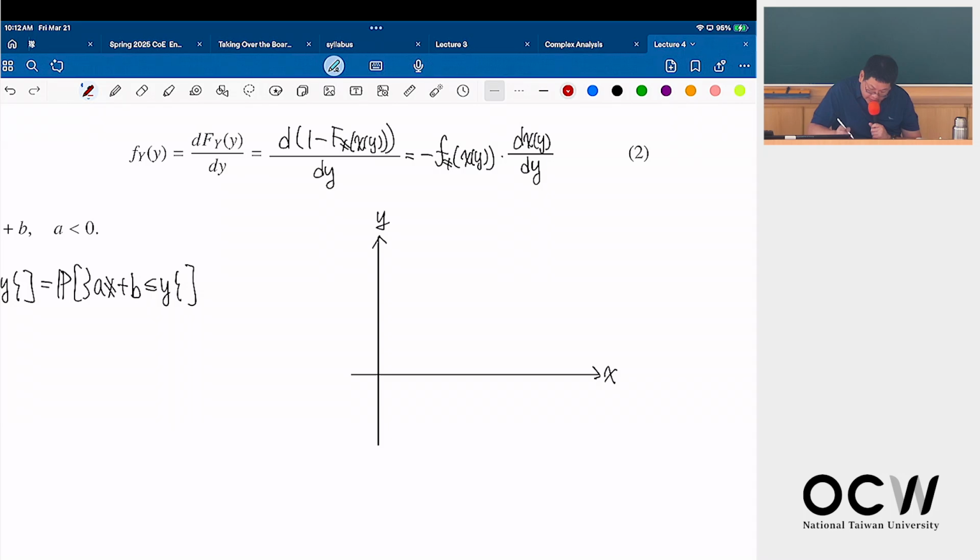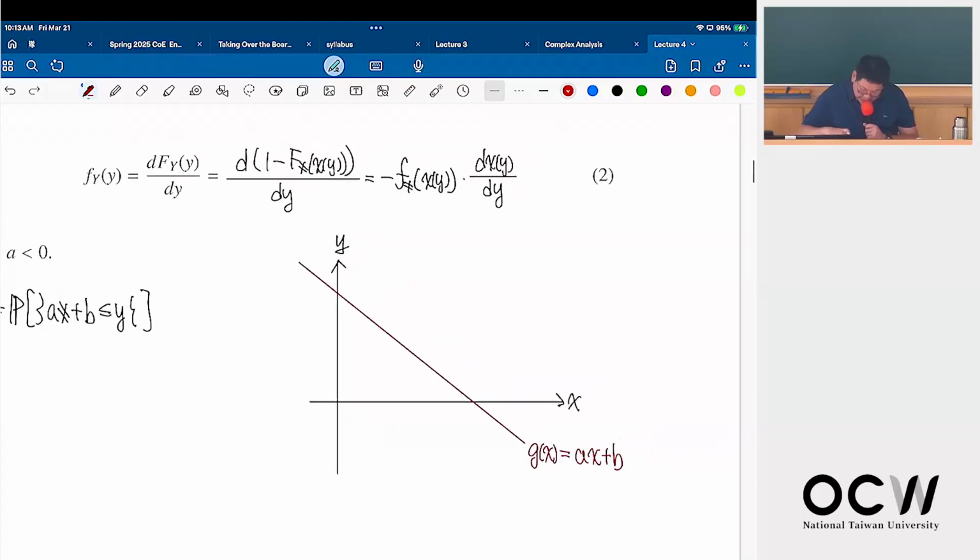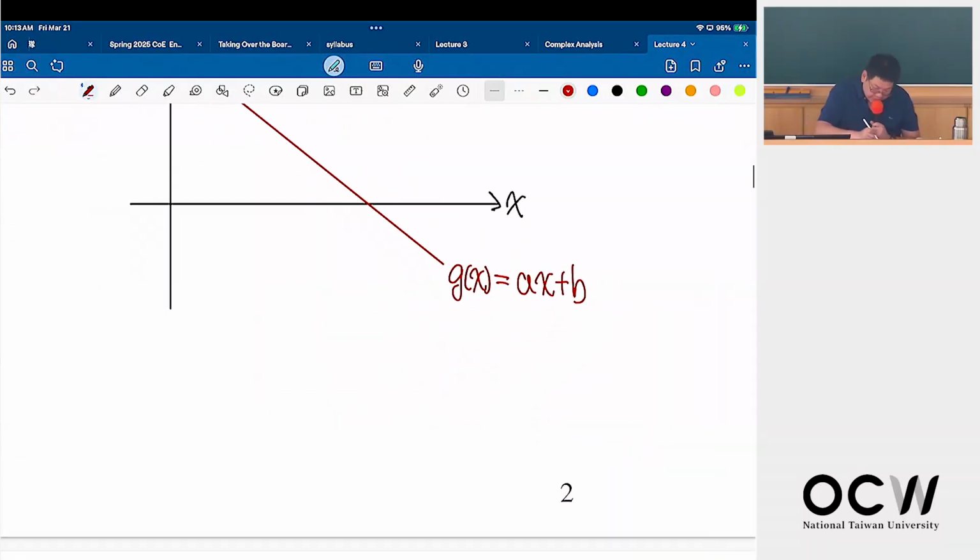And this is the function, the line. G of x is equal to ax plus b, and a is less than 0.